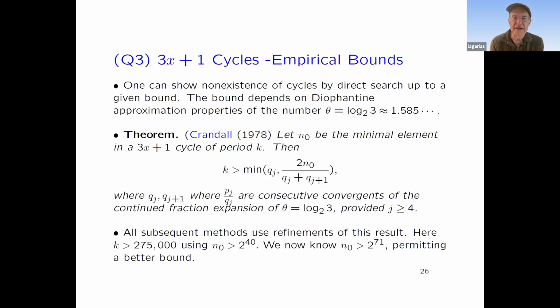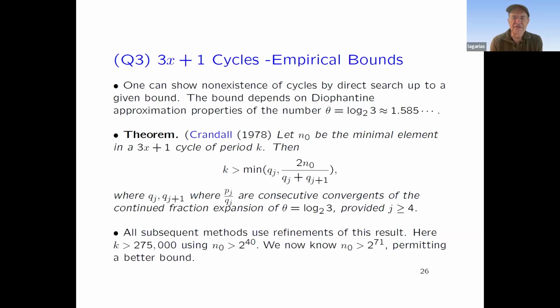But his theorem is that you can get a lower bound that's roughly like the square root of k that will show that the minimal element in a cycle of period k is bigger than the two convergents near the middle of the continued fraction of size around k.